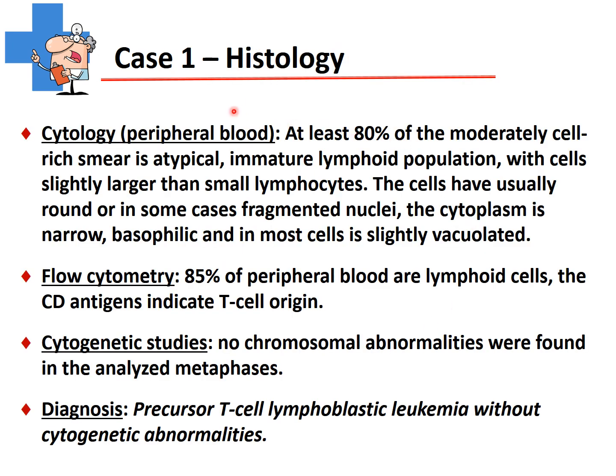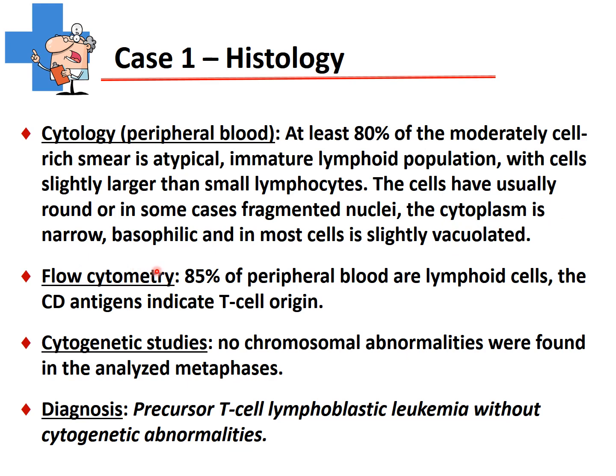They looked at the histology and they did find in the peripheral blood that at least 80% of the moderately cell-rich smear is an atypical, immature lymphoid population with cells slightly larger than a small lymphocyte. The cells have usually round or in some cases fragmented nucleoli, and the cytoplasm is narrow, basophilic, and most cells are slightly vacuolated.